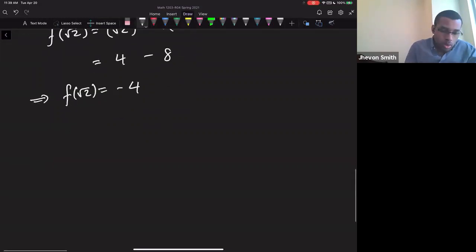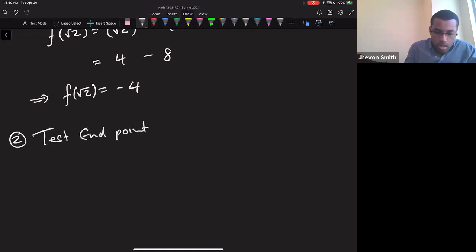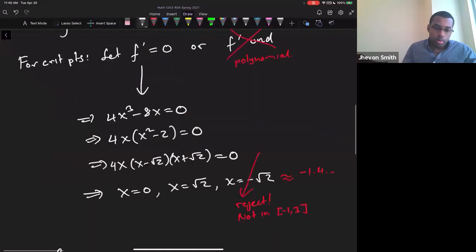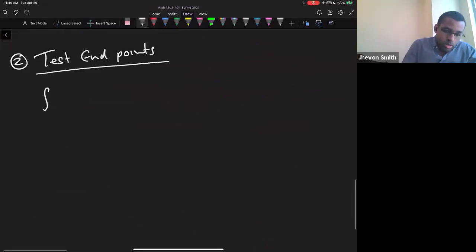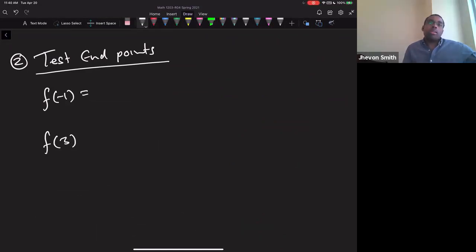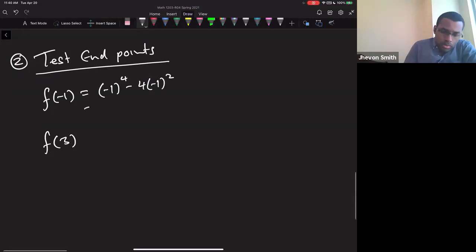Okay. Now, the second step is to test the endpoints. The endpoints are the -1 and the 3, the endpoints of the interval. So I'm going to do f of -1 and f of 3. f of -1 is -1 to the 4th minus 4 times -1 squared. It's 1 minus 4, and that's -3.